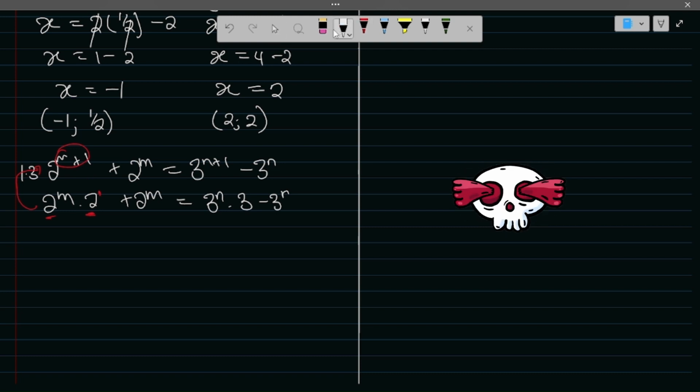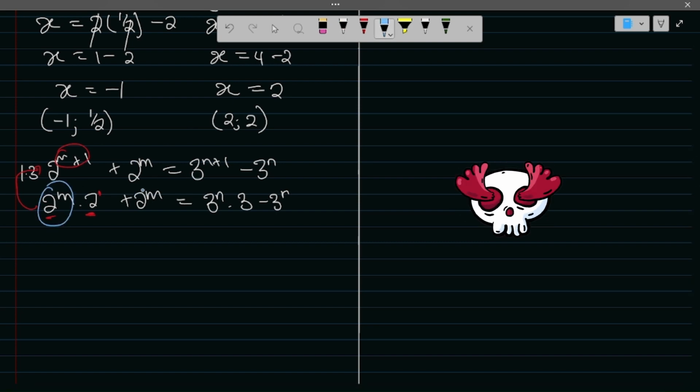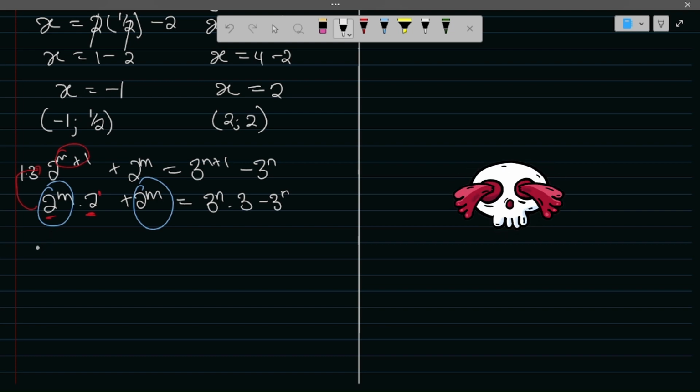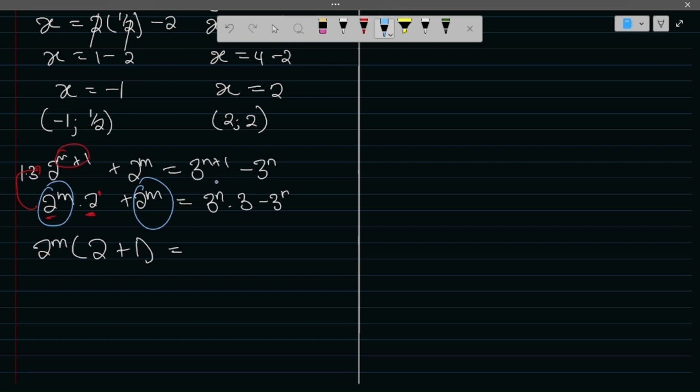So basically what you do now is, you see there's a common factor of 2^m and also 2^m, right? So all you do is take 2^m outside the brackets, and you're going to be left with 2 plus 1 is equal to, here again, there's 3^n and also 3^n, so you take 3^n outside the brackets.